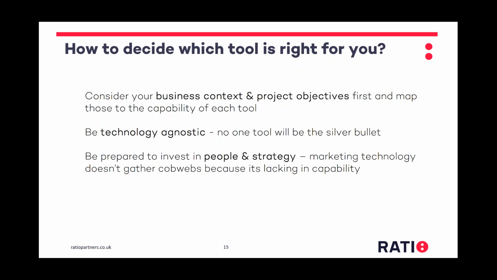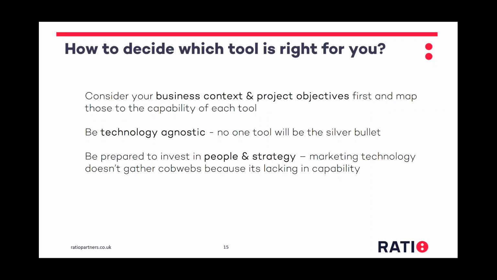Let's have a look here. Do you recommend any particular platform? As I said at the start of this slide, it really is dependent on your organizational context and what you're actually looking to achieve.